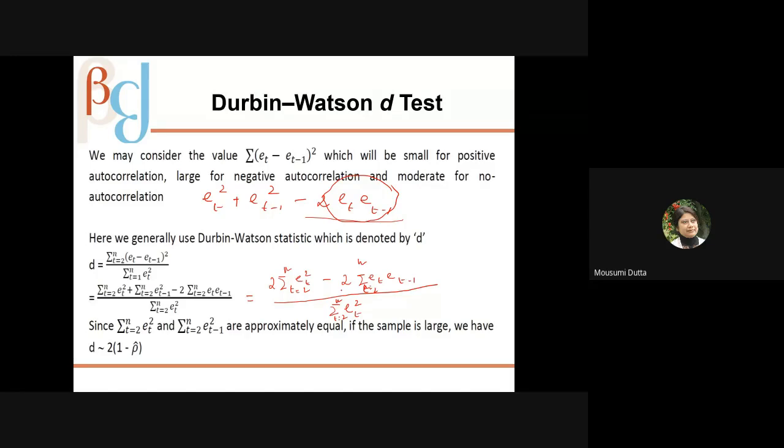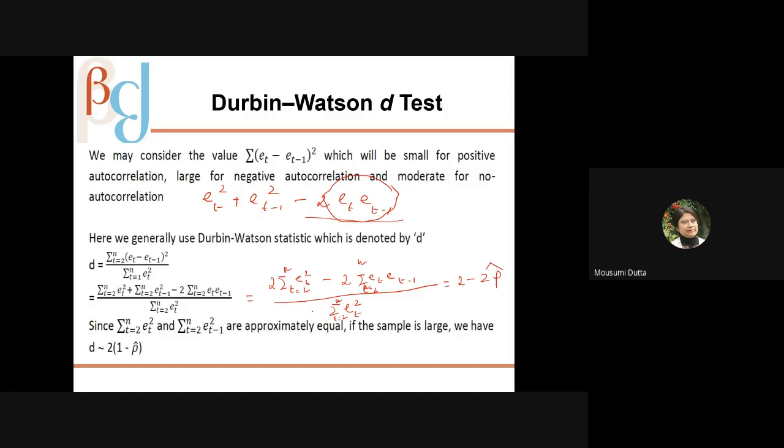Okay. So if I write this, 2 summation et square divided by summation et square will give me 2. And this will give me 2 rho hat, where rho hat is summation et et minus 1 divided by summation et square.